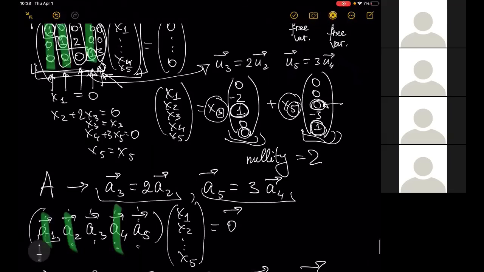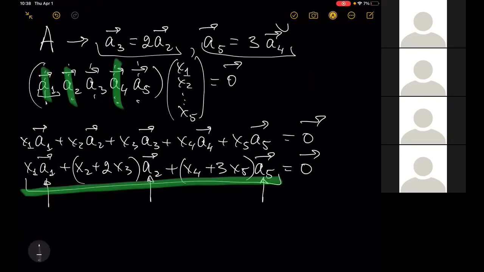Probably even in this lecture, I will show that every homomorphism can be represented as multiplication of some matrix by some column vector, and vice versa, every matrix corresponds to some homomorphism. As a result, we can apply here the rank-nullity theorem.